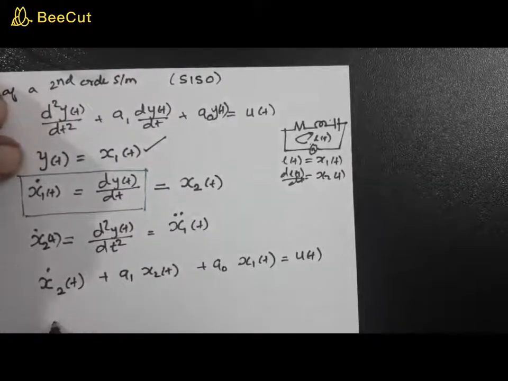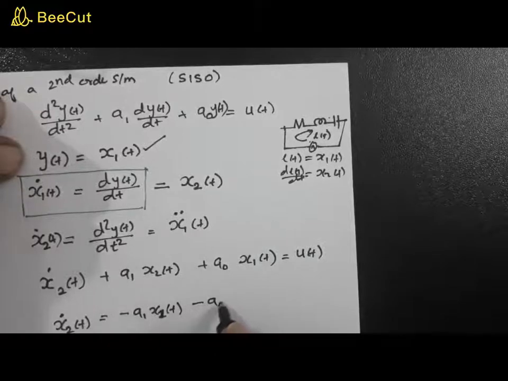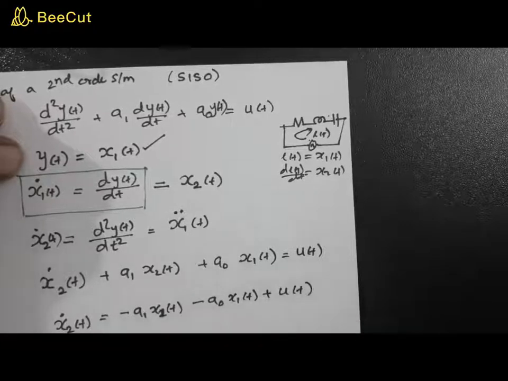So you can call this x2 of t dot is equal to minus a1 x2 of t minus a0 x1 of t plus u of t, right?